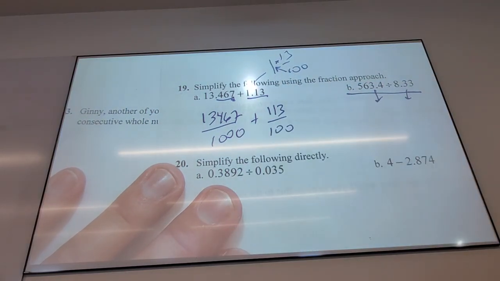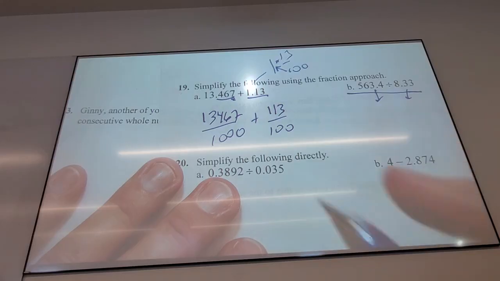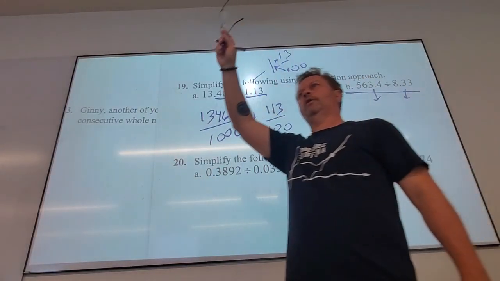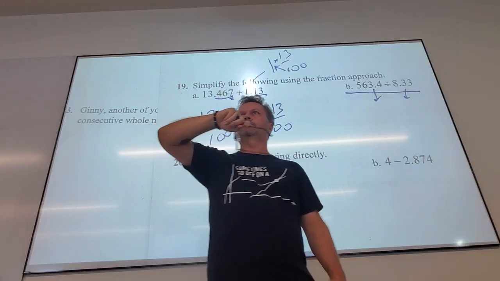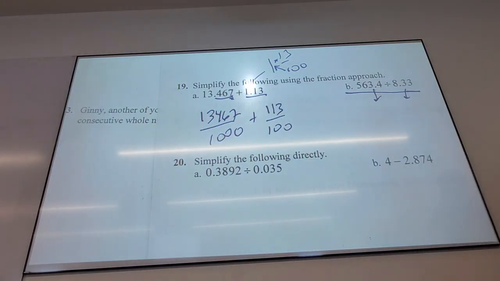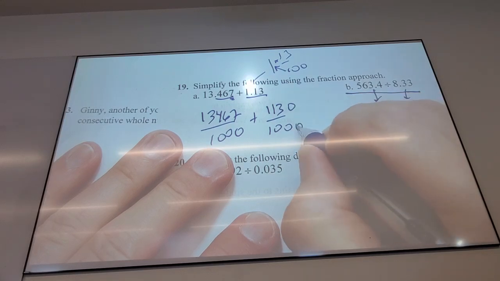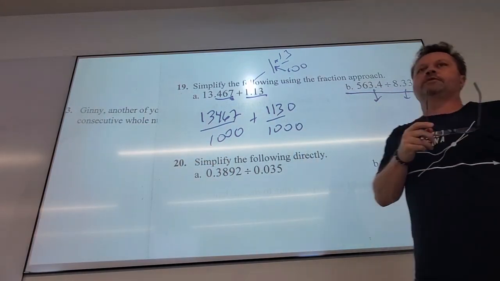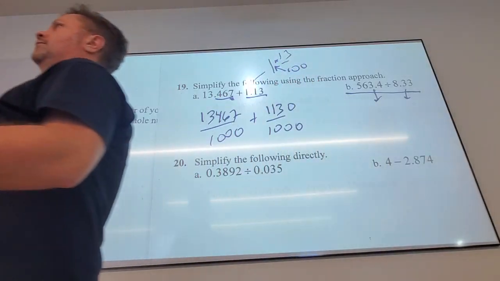Crazy, I know. And then how do I combine these? Multiply 1,300 by 10 so I get common denominators, and then you just add the tops. It's just whole number addition.